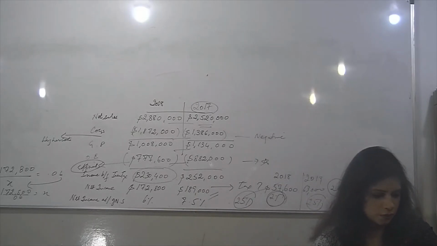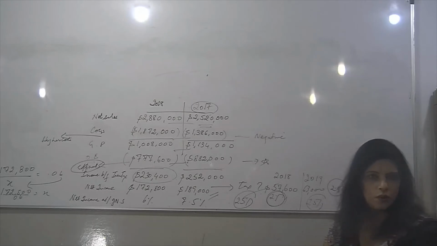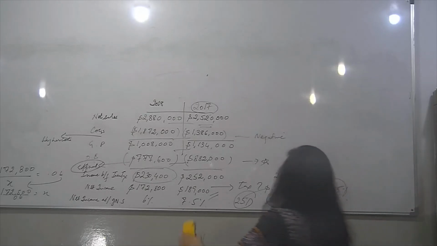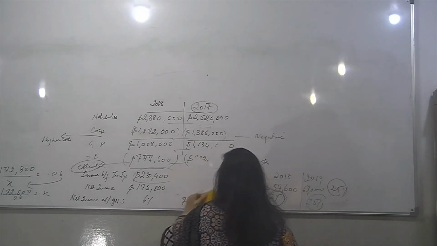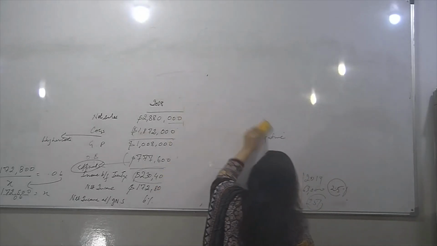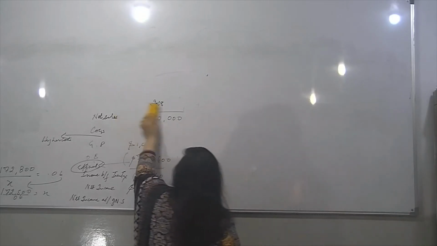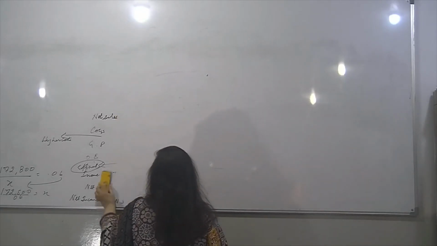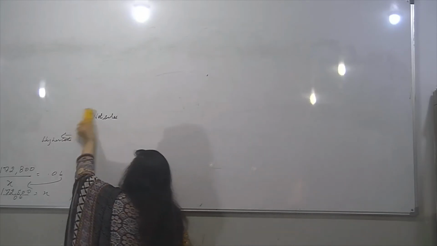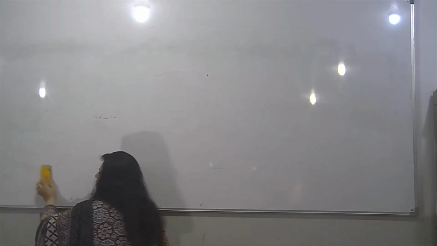I'm going to be doing one more question for you guys. So it's just current assets and current liabilities. I've already discussed this with you. This is Rogan Grocery Incorporated. Okay, I'm going to be just doing it quickly.